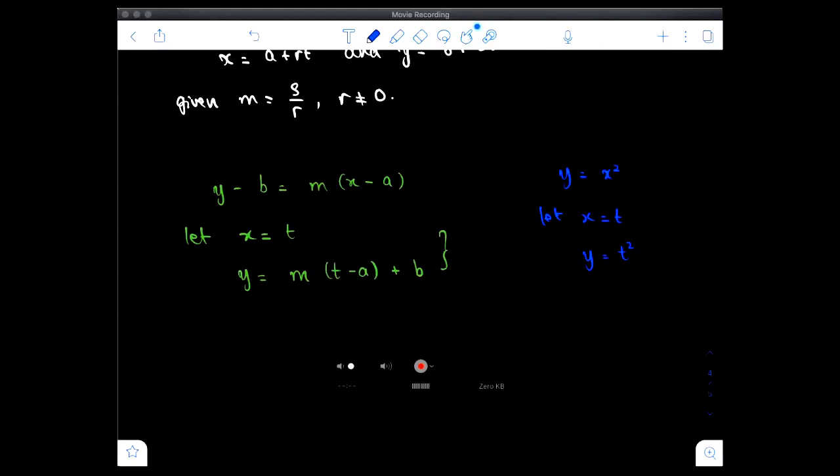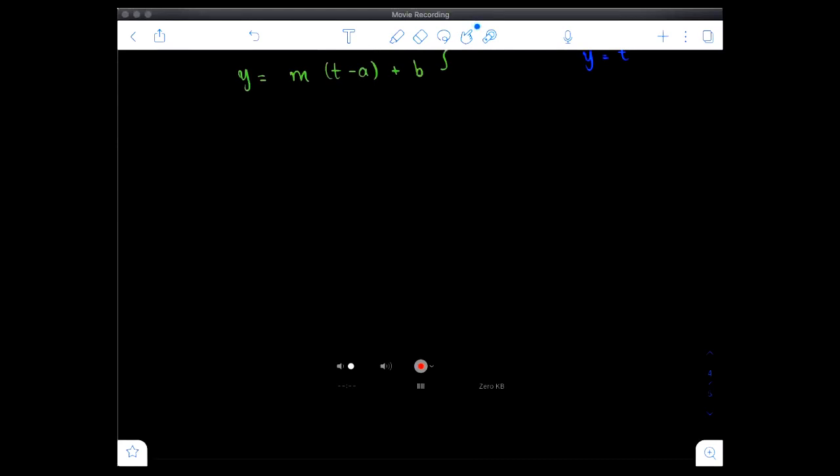Now, if they give you some parametric equations and they want to know what the form y equals f of x looks like, this is the reverse process, and the reverse process is called eliminating the parameter. So this is the next example. This example is about eliminating the parameter.